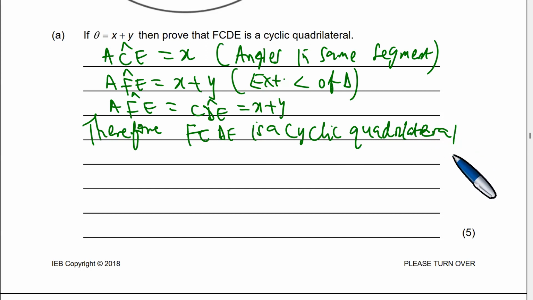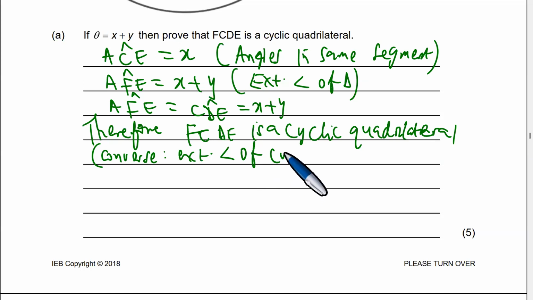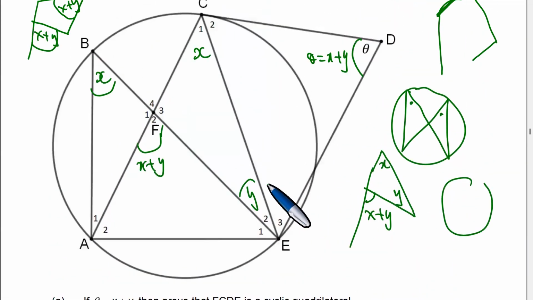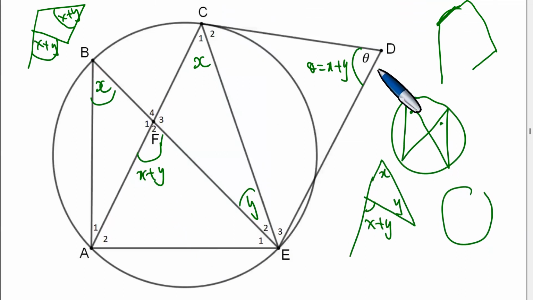Why is it a cyclic quadrilateral? Because of the converse of the exterior angle of a cyclic quad. What we are seeing here is that this exterior angle equals the interior opposite angle.